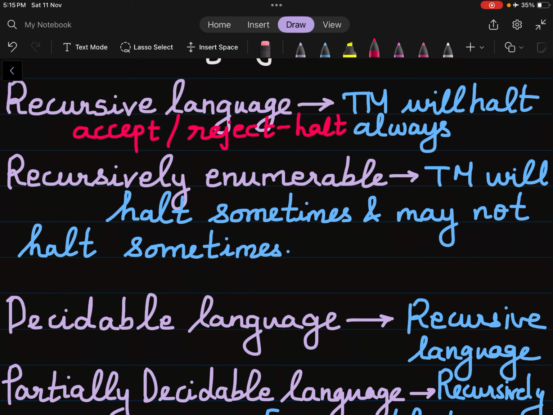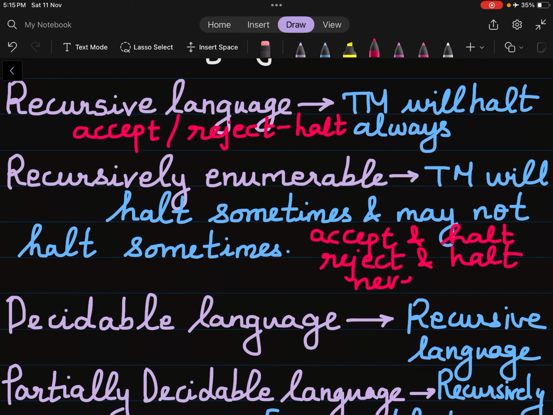It will accept and halt, reject and halt, or never halt.